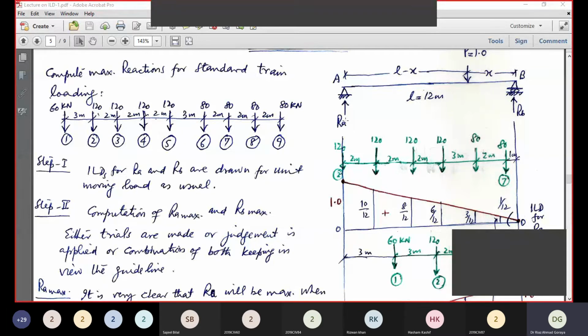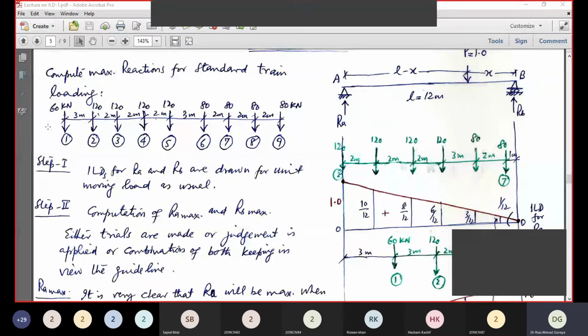If you count 2 plus 2 plus 2 plus 3 is 9, then again 2 plus 2 plus 2 plus 3, 9. 9 plus 9, 18. So this is the maximum ordinate. Of course, this total span is 12 meter.